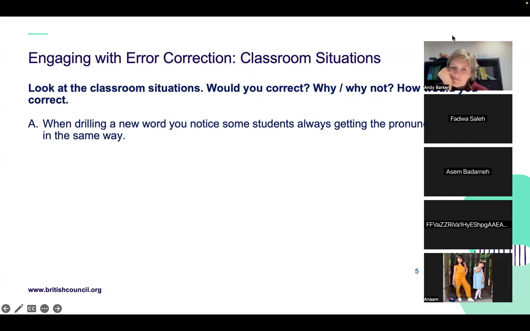Then I will allow the students to drill it together. Then I will ask them to practice at home. And the second day, I will ask him to pronounce it again for me. And I will tell them to copy it and spell it in the classroom, letter by letter, and this is going to help them.